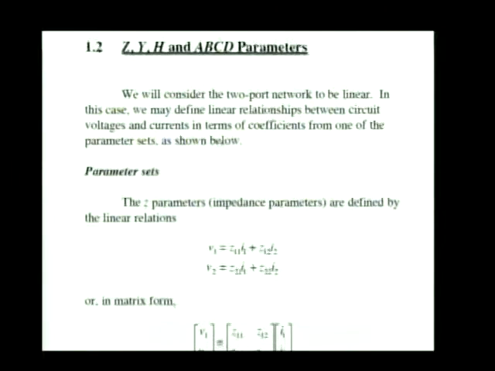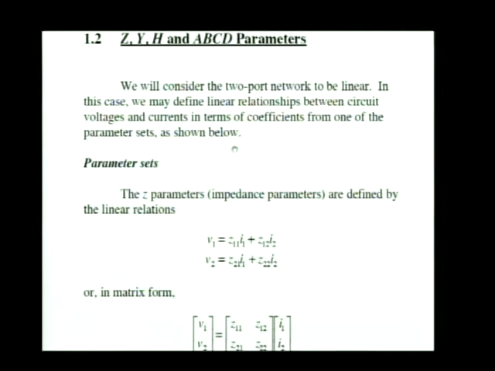The first thing that must be assumed when defining these different parameter sets is that the network, whatever it is inside of that black box, is a linear network. It can contain any arbitrary devices at all, and any number of them, and in any arbitrary connection, as long as the devices are linear devices.